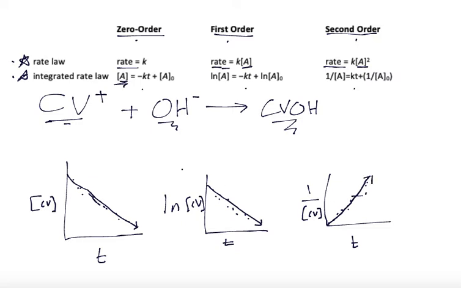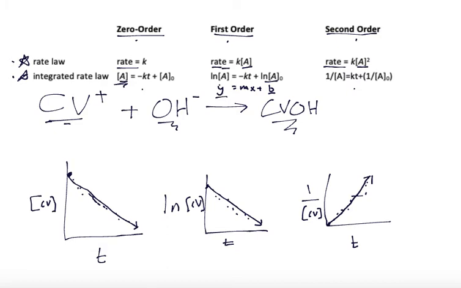So the way that we're going to determine which of these is the right one is taking advantage of the form of these integrated rate laws. If you haven't noticed, these take a very similar form to a general linear equation, y equals mx plus b, where b, our y-intercept, is simply what you started with. So that would be represented right here, and right here.